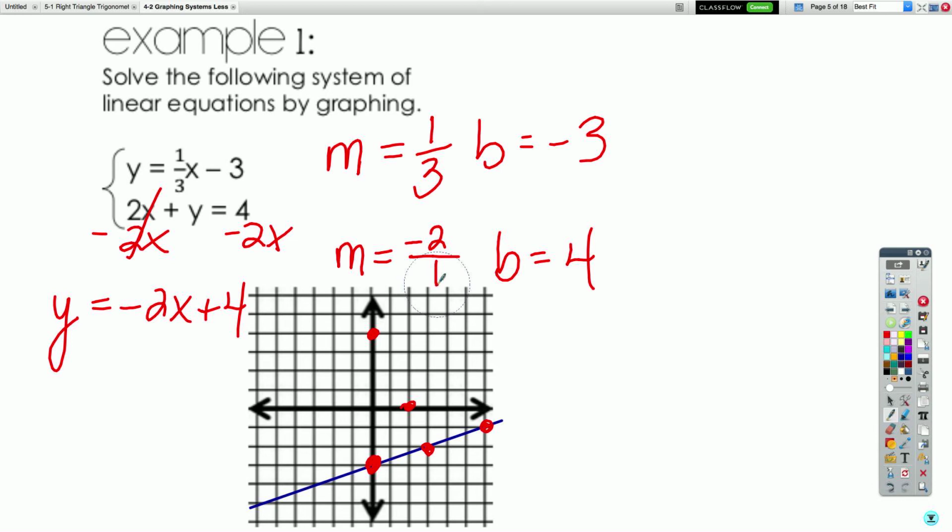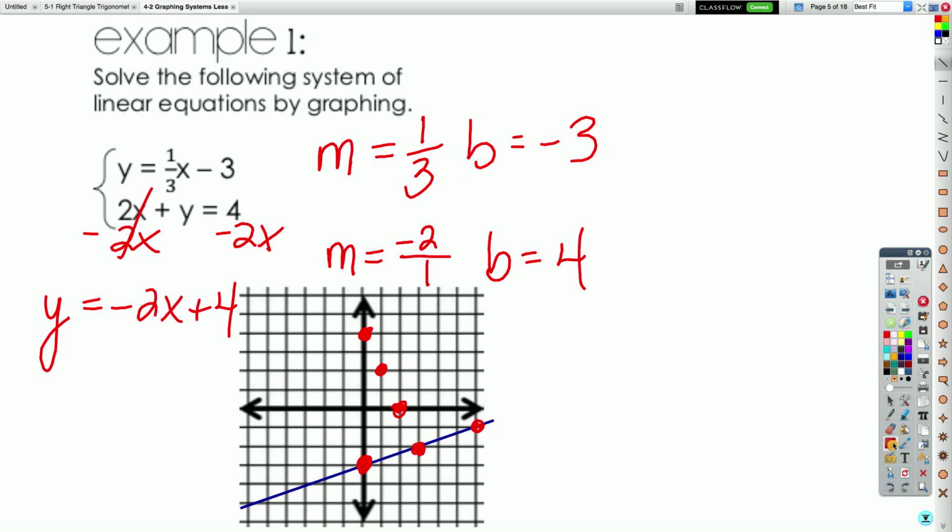So from your 4, you're going to go down 2 over 1, down 2 over 1, down 2 over 1. Do you see where they're going to intersect? Good. Go ahead and draw your line. But do you see how my intercepts actually helped me? You could have used that method too.